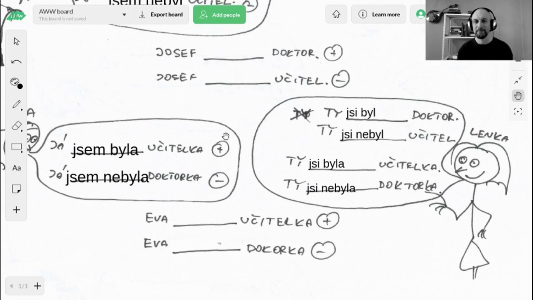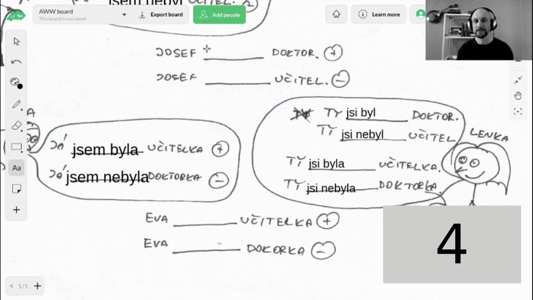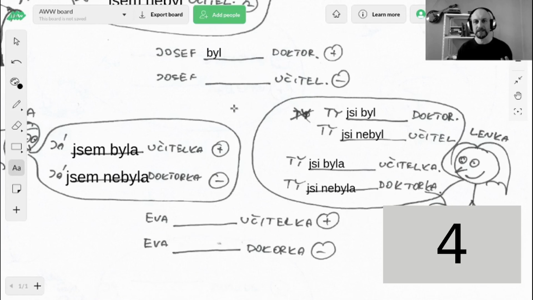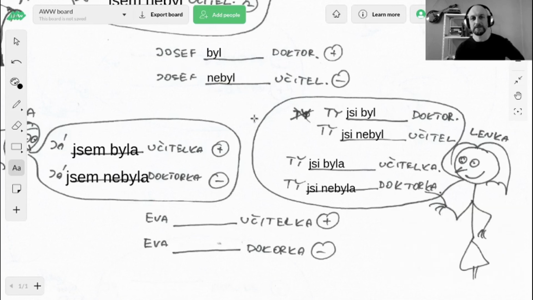And now let's go back to Josef. What can we say about him? In positive, Josef byl doktor. Here we do not include the present form of to be, and we only use the past participle. And in the negative form, we would say Josef nebyl učitel.